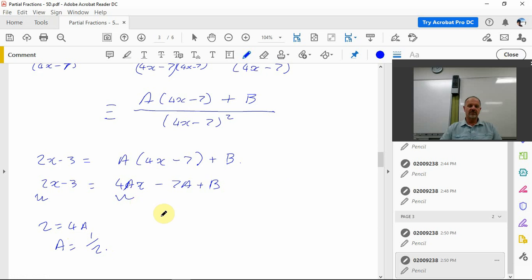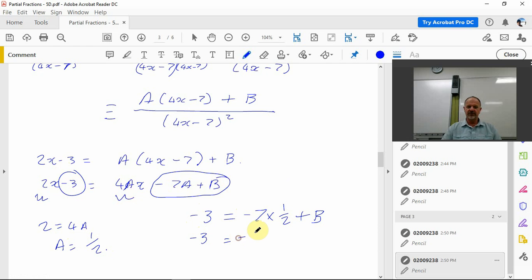And the other bit, minus 3, is going to equal this here. For the constant bit, it's got to equal minus 7 times a half, because we found a, plus b. Minus 3 equals negative 7 halves plus b.